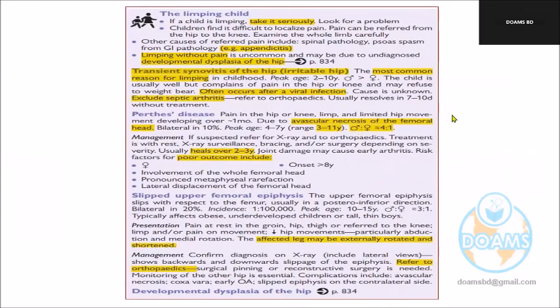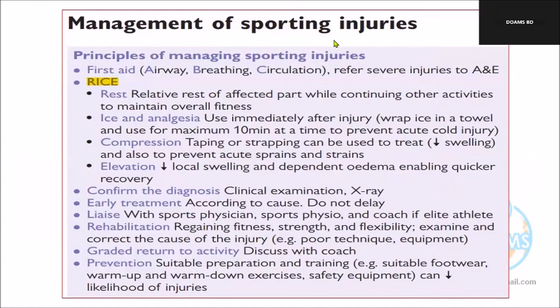And the management of sports injuries. A family physician can play a role in sports medicine also, though there are some specializations. Again, RICE: rest, ice, analgesia, compression, elevation, trauma related. So have some idea of sport related problems.